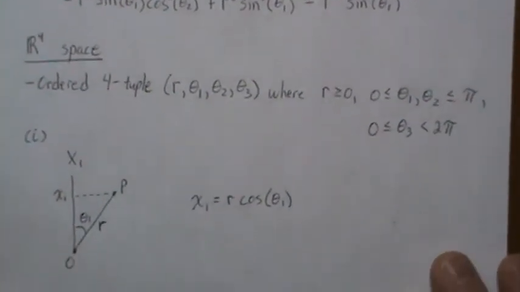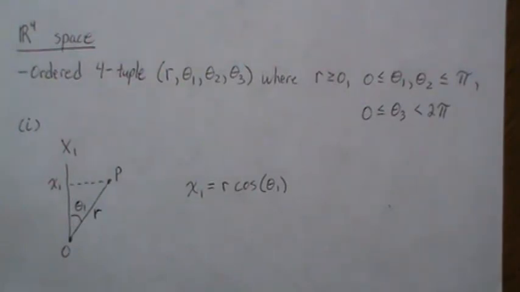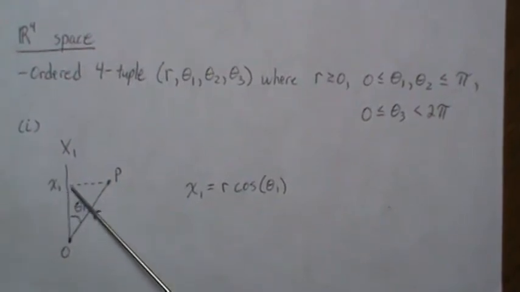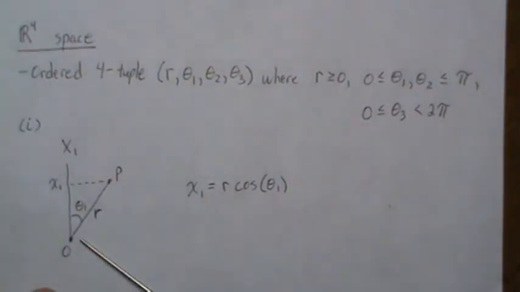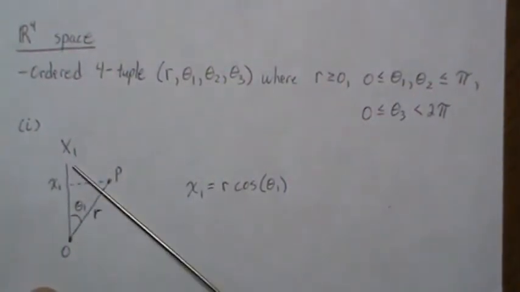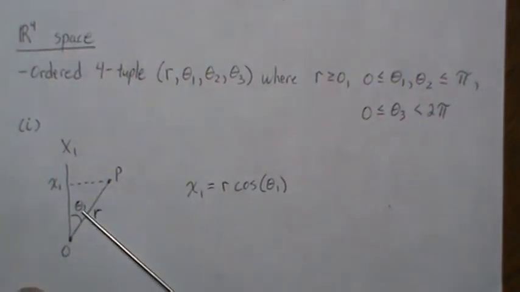Now this development, remember I said in the previous two examples, we don't really need the other axes, except for x1, to find the value of x1, because it makes an angle with this axis. And so if we take the cosine of theta 1, we get this over r, and you can back solve for x1.